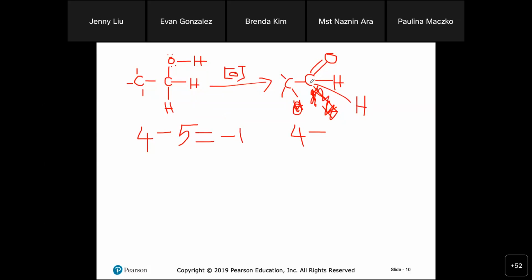Anyway, here I have 1 electron. This hydrogen will not be here. 1 electron, 2 electron, 3 electron. Yes, this hydrogen will not be here; it will leave during the oxidation.